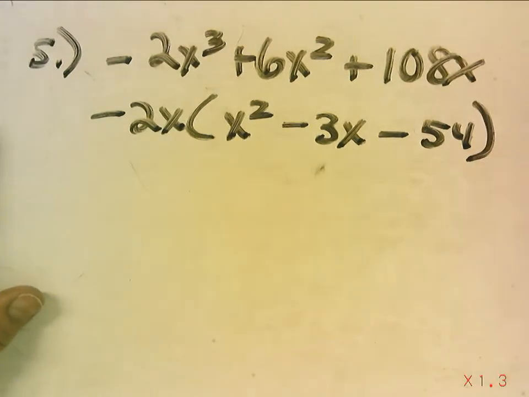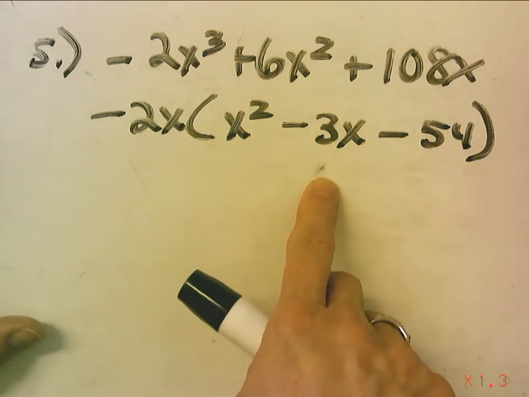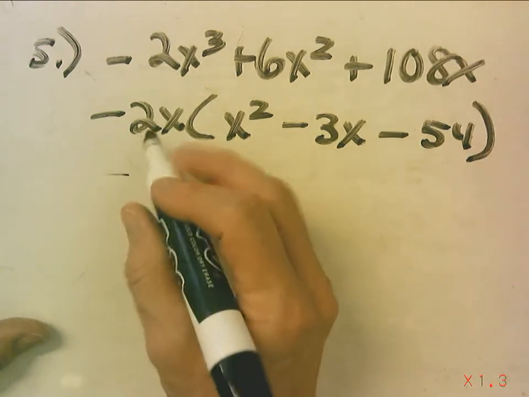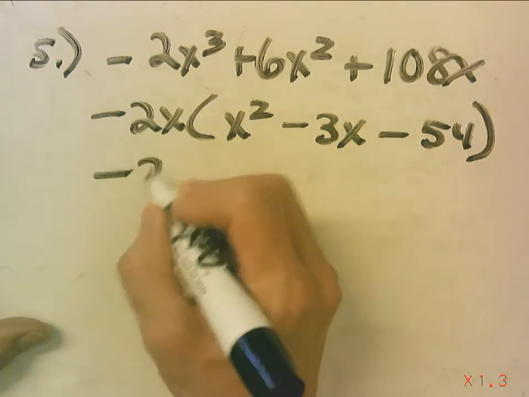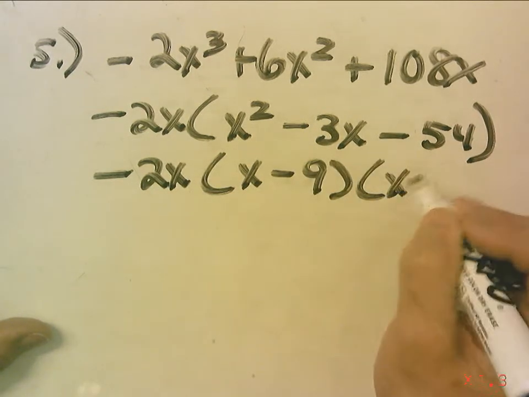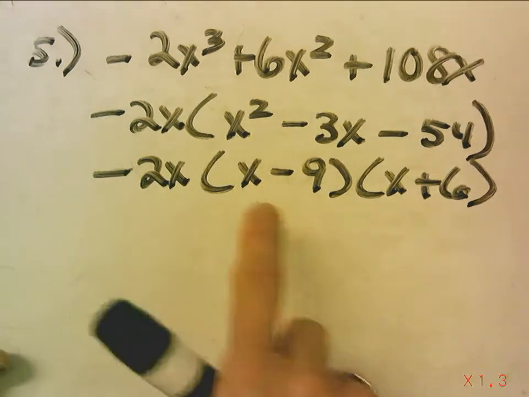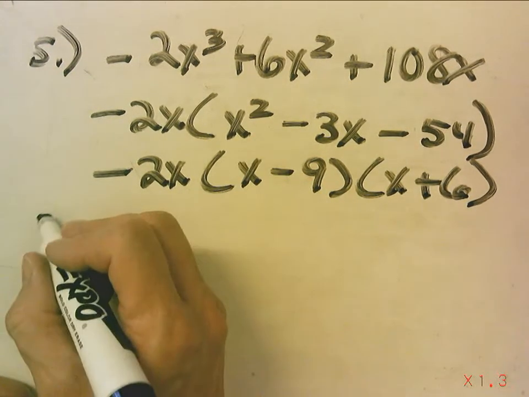So now I'm looking for 2 numbers that when multiplied give me negative 54 but add up to negative 3. And that's going to be negative 9 and positive 6. So this becomes x minus 9, x plus 6, and now I'm done. Okay, because I can use the shortcut method because the leading coefficient was 1.